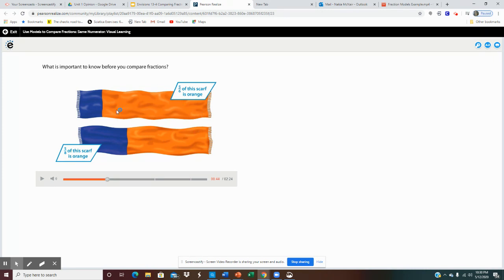So if you look at the 2 scarves, what do you think is important to know before we compare these fractions? What would need to happen if we were comparing models representing fractions?